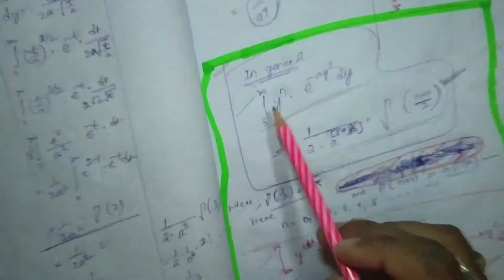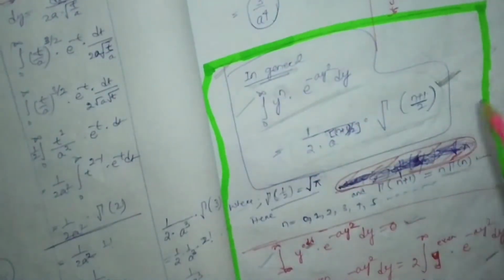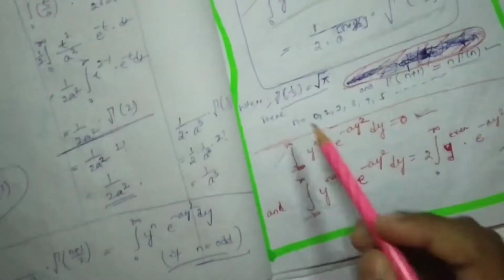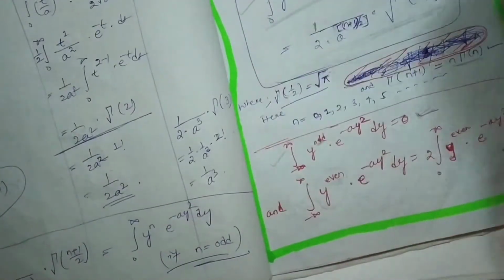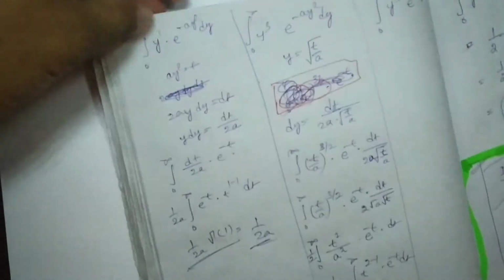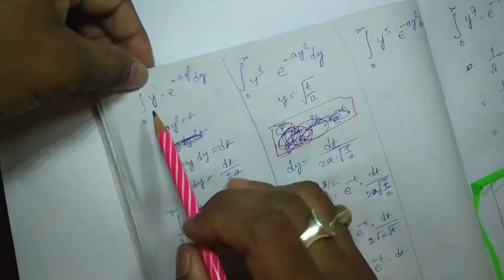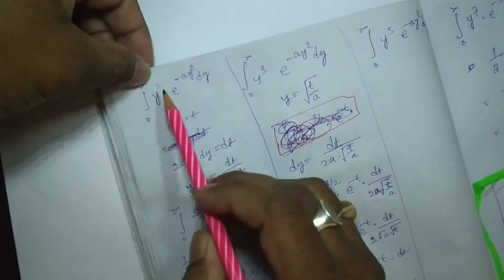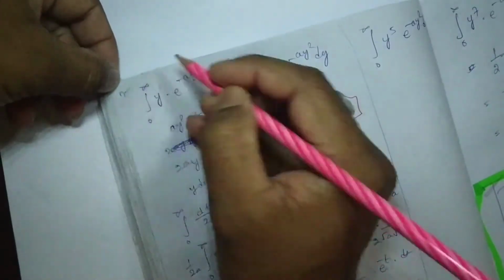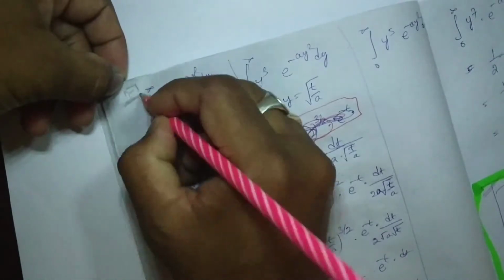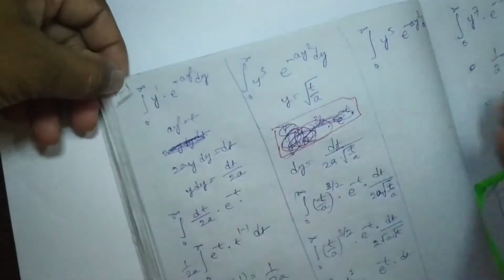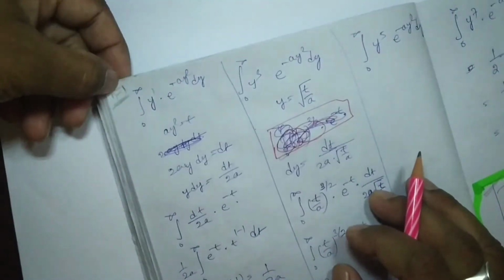As the heading, you have to write: to prove this equal to this, by using the gamma function. Then you have to start for n is equal to 1. For n is equal to 1, first we consider the odd case, then we are going to consider the even case.